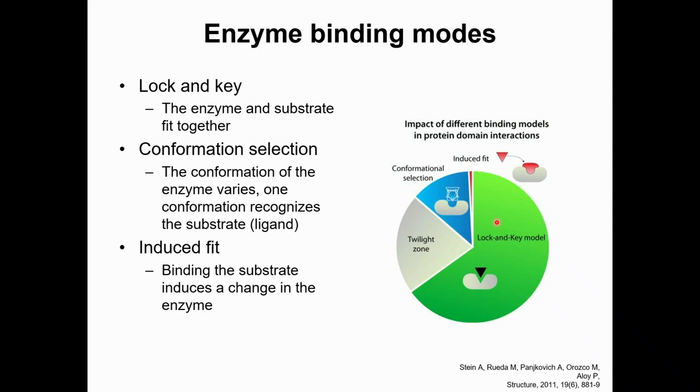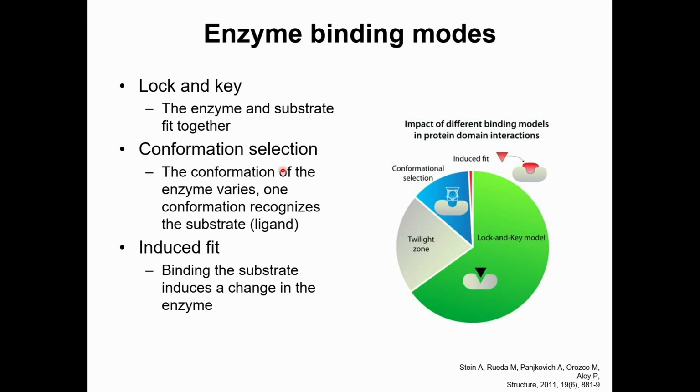There are different modes by which different enzymes bind their substrates. The one I showed you is really like lock and key. The enzyme and the substrate just fit together perfectly. But sometimes there is a process called conformation selection. The enzyme is typically a protein, and if we think in terms of molecular dynamics, even quantum mechanics, the enzyme can be constantly fluctuating between subtly different conformations, different structures.